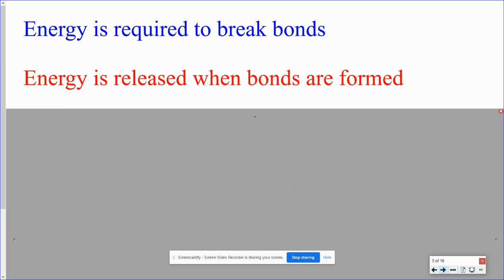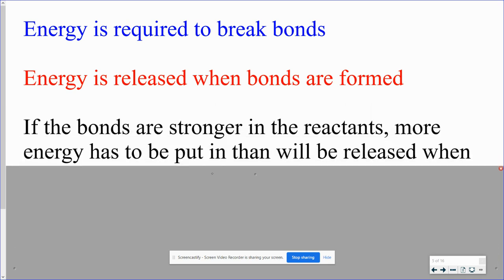Energy is always required to be put in to break bonds, and when bonds are formed, energy is released. So if the bonds are stronger in the reactants, then more energy has to be put in than will be released. Okay, because again, energy has to be put in to break bonds. Energy is released when bonds form.